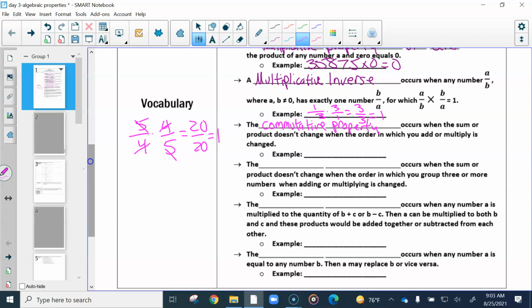I know you just said it, but what does that say? Commutative property. Same thing with multiplication. If I take 4 times 3, 12. It would be the same thing if I switched it and did 3 times 4.